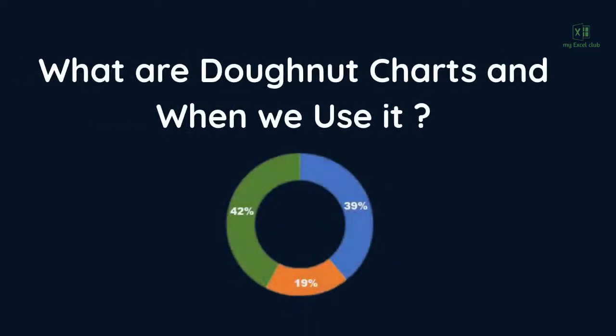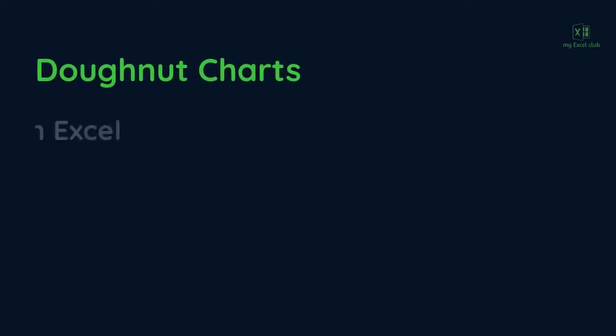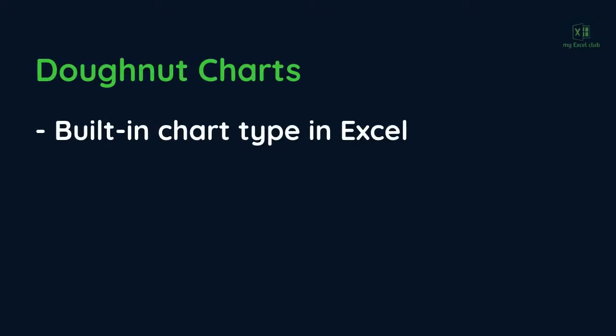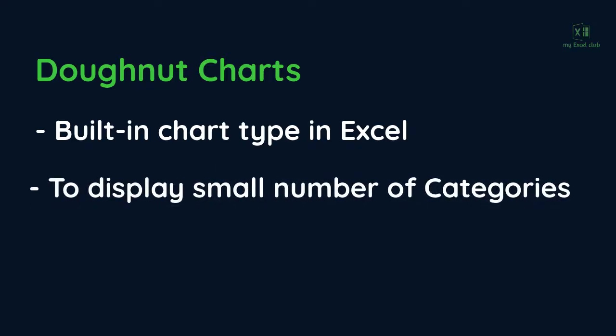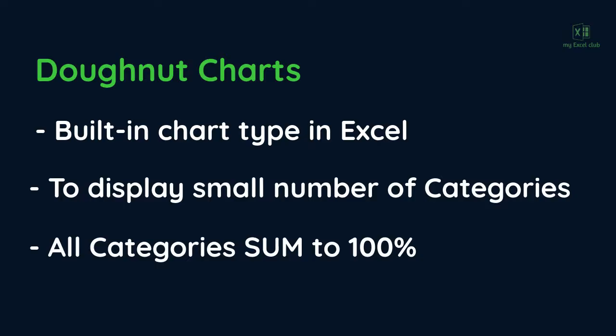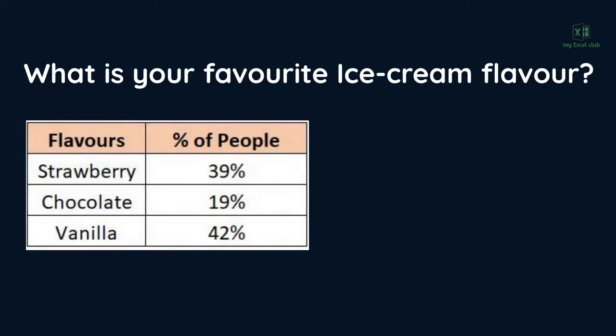What are donut charts and when do we use them? Donut charts are a built-in chart type in Excel. We use donut charts to display data which has a small number of categories, and all these categories sum to 100%. For example, in this data we have captured how many people love strawberry ice cream flavor, how many love chocolate, and then vanilla.